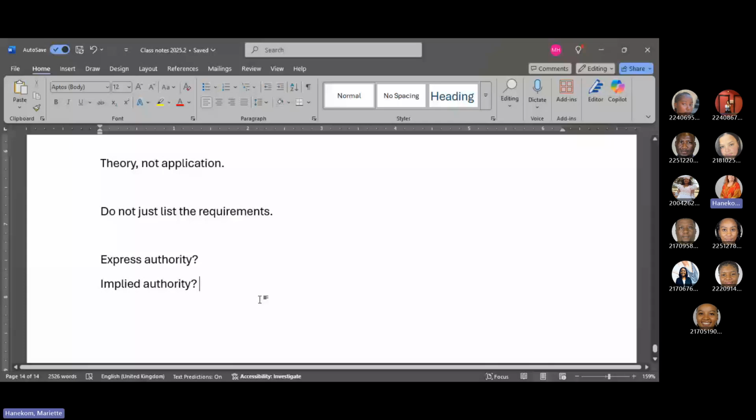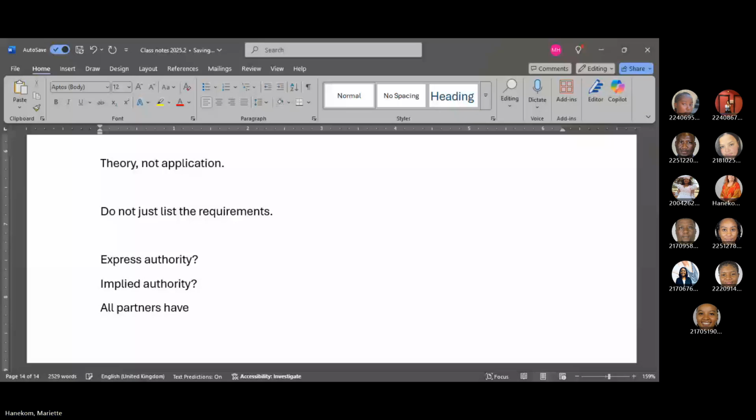All partners, this is a natural legal consequence, all partners start off that all partners have implied authority. But this is a natural legal consequence which can be changed.